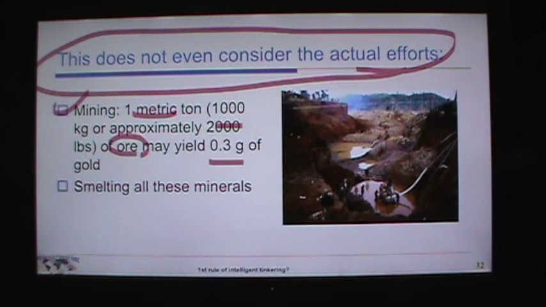So you have this tremendous amount of spoil, tremendous amount of water extraction. And then all these materials have to be smelted. That process of smelting, where you roast first and drive off the carbon and the sulfur, and then you reduce under very high heat and pressure. All this has to happen and produces even more waste.